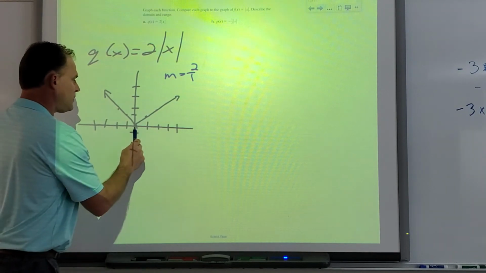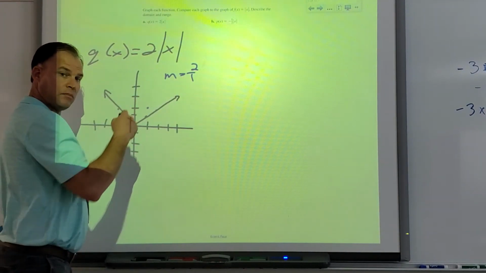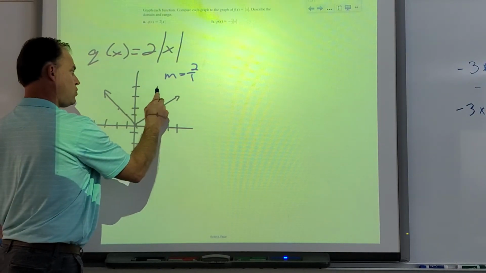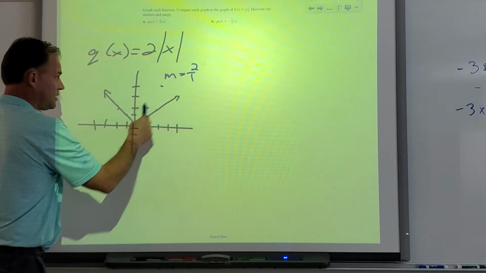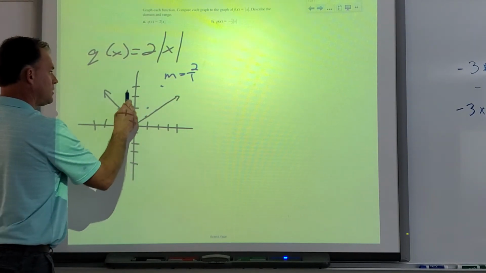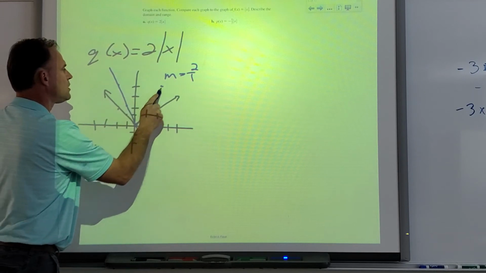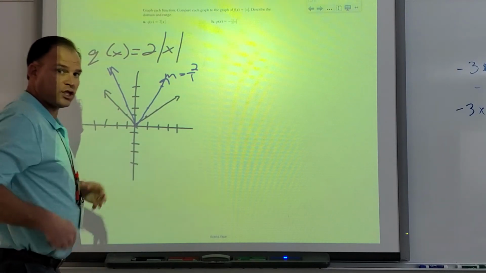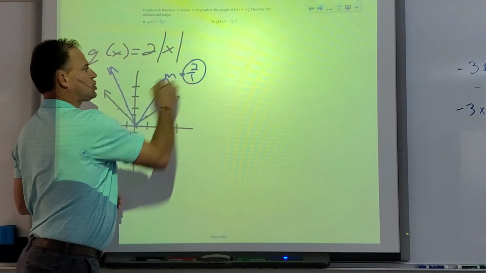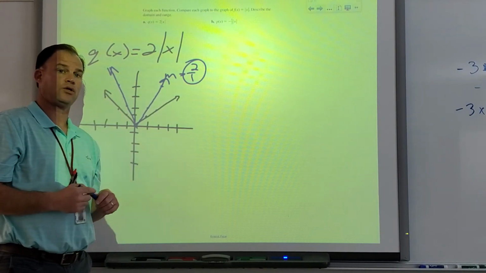So that's going to take me up 2, right 1. Use the slope like we did Monday, Tuesday. Up 2, right 1. And this side is always just the opposite of this, so it's done. That number in front is called a vertical stretch technically, but we use this slope to determine what's going on and then just make it a mere reflection over here.